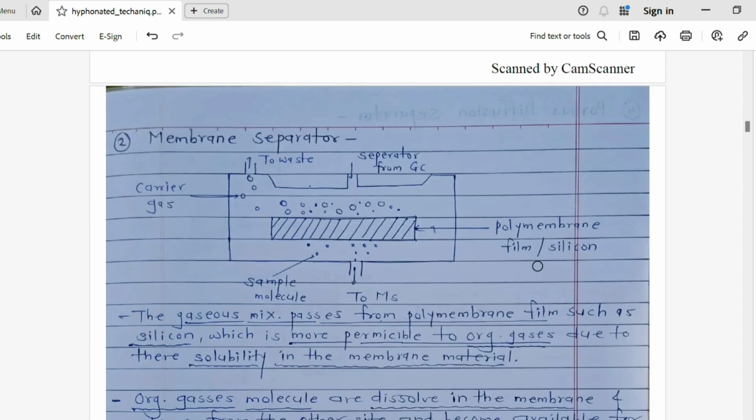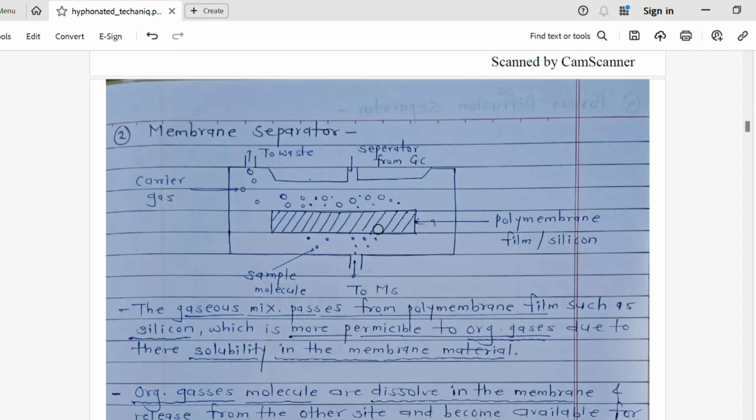Now we are going to see the second, the membrane separator. In the membrane separator, gas comes from the GC connection on this side, and the sample goes inside the membrane separator. Here is a polymer membrane made of silicone, which is used as a semipermeable membrane inside this column.